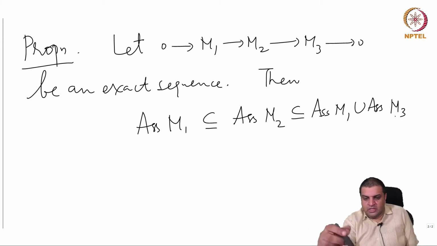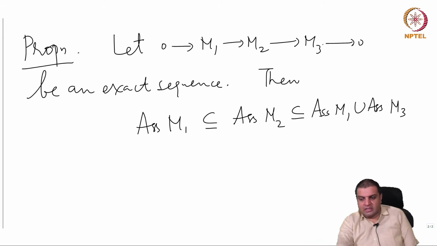Okay. So the associated primes of the submodule are a subset of the associated primes of the larger module, and the associated primes of the middle module are a subset of the union of the associated primes of the submodule and the corresponding quotient. Okay. So this is what the proposition says.